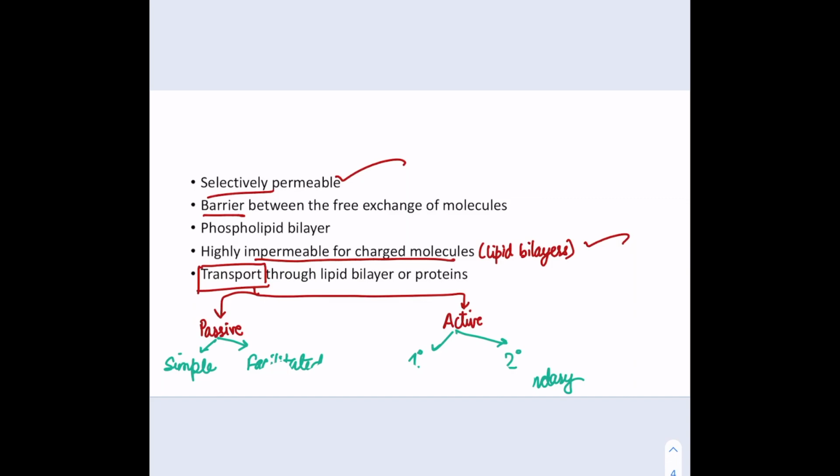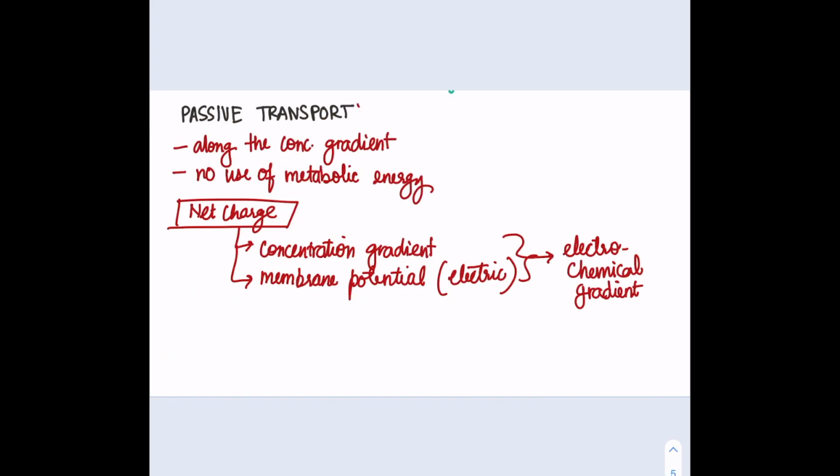So, the transportation that can be through the lipid bilayer or the proteins can be further divided as passive or active. Further, the passive can be subdivided into simple or facilitated types, and active can be further divided into primary or secondary. So, the passive type works along the concentration gradient.